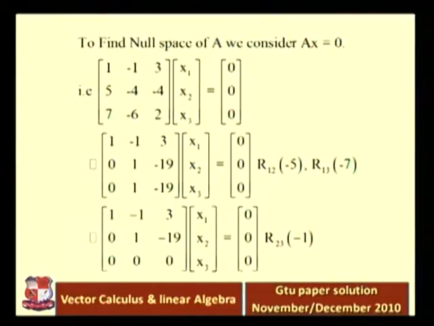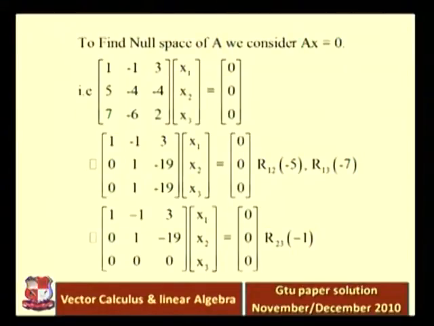The second row is now 0, -4 plus 5, that is 1, and -4 minus 3 times 5, that is -15 minus 4, that is -19. Similarly, multiplying the first row by -7 and adding it to the third row, it becomes again 0 1 -19.